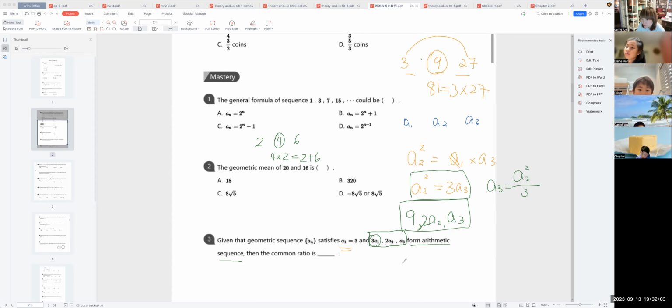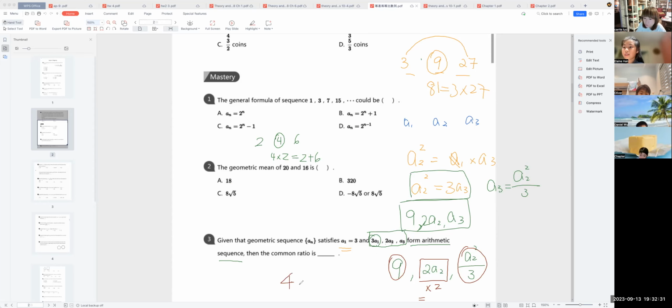So for this equation, I can rewrite it as 9, 2A2, and A2 squared over 3 form an arithmetic sequence, correct? So the arithmetic sequence has the property that the middle number times 2 equals the first number plus the last number, correct? Am I right?